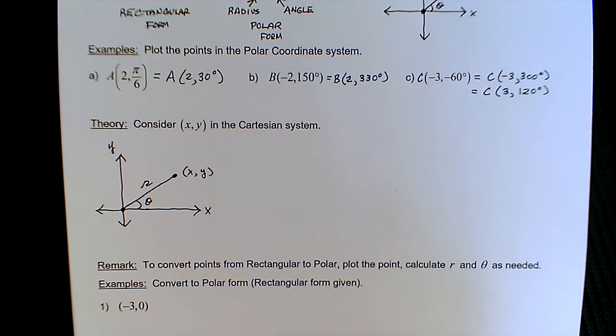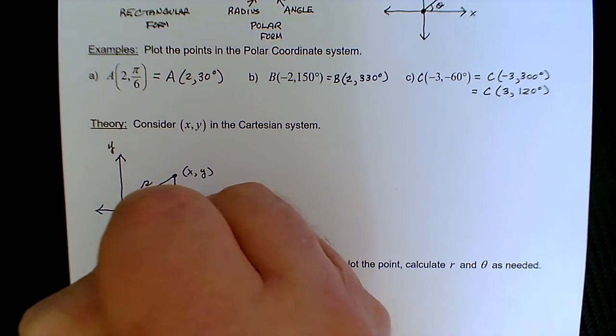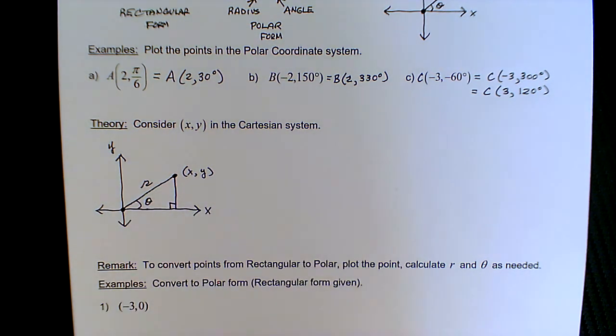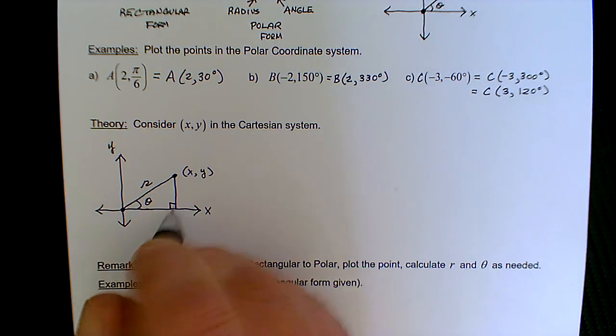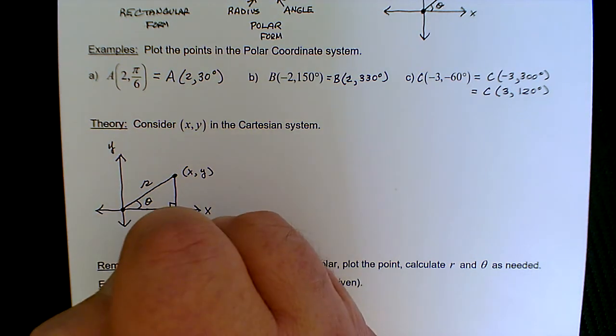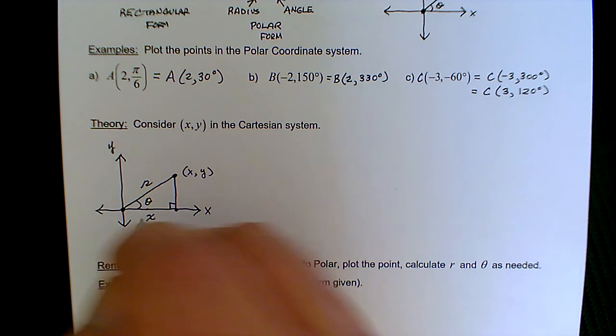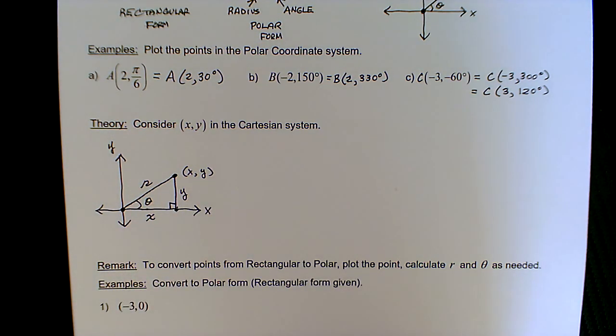Now, to realize the conversion equations, what we could do is just take that point, drop a perpendicular, always to the x-axis, create a reference triangle or a right triangle, and realize that the horizontal leg of this triangle, if this is the point xy, to get there, we'd have to move x units in the x direction, so the horizontal leg is x, and y units in the y direction, so the vertical leg is y.